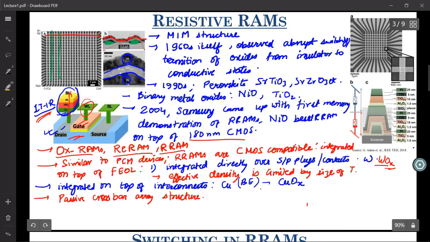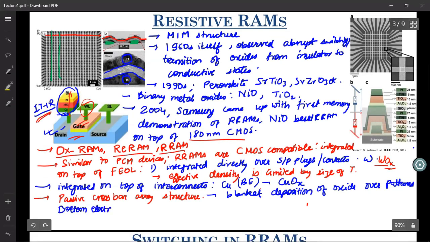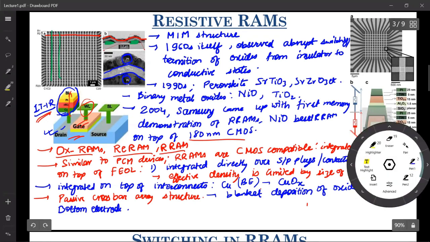A blanket deposition of oxide over patterned bottom electrode. So your bottom electrode is like this, and on top of it you have a blanket deposition of oxide.